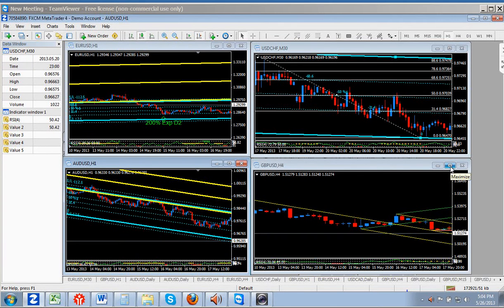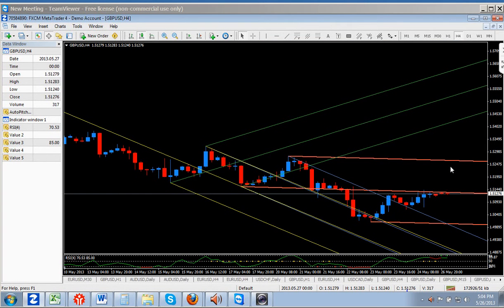Another way we can use the alignment of the fib channels is to align it to the Andrews pitchfork. Now, there's an indicator called auto pitchfork, and it automatically plots pitchforks.